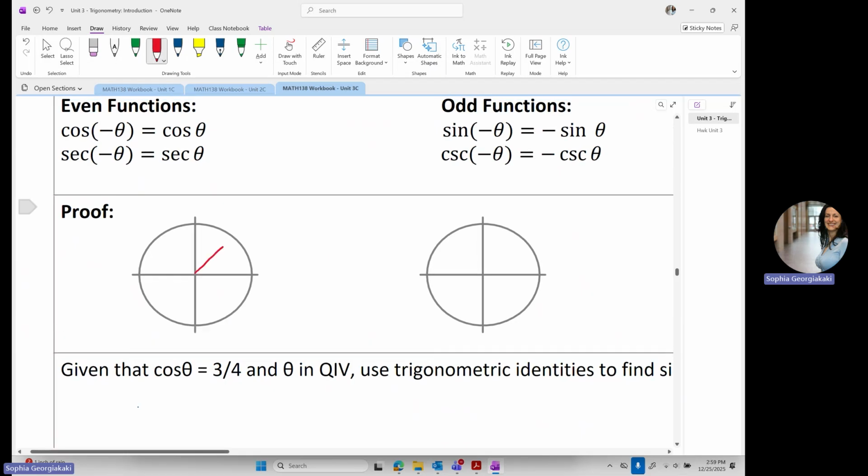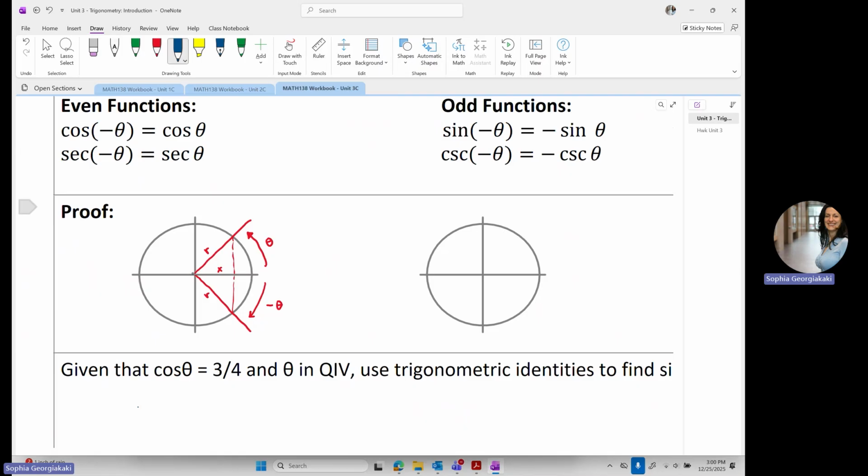So if I rotate theta degrees in a positive direction, and if I rotate theta degrees in the negative direction, then the x coordinates on the unit circle, or x over r if I'm not on the unit circle, for these opposite rotations are equal to each other, because a point in quadrant 1 and its symmetric point in quadrant 4 have the same x value.